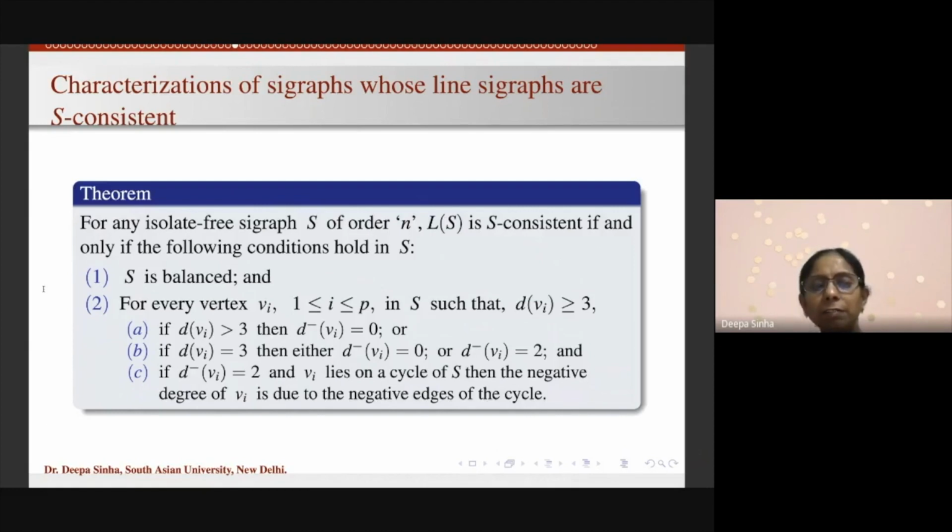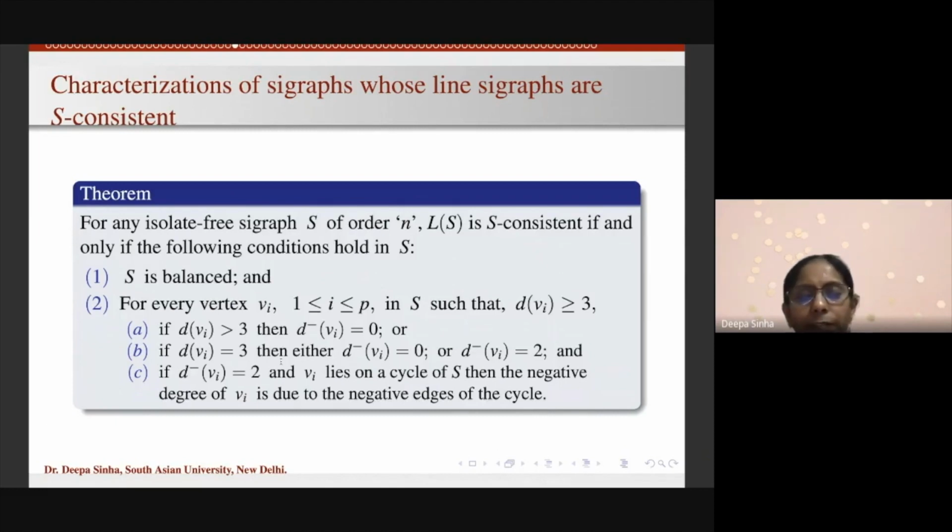And if the degree of vi is equal to 3, then either the negative degree of vi is equal to 0 or the negative degree of vi is equal to 2. It is the total degree. If the total degree of a vertex is 3, then either its negative degree is equal to 0, or its negative degree is equal to 2.